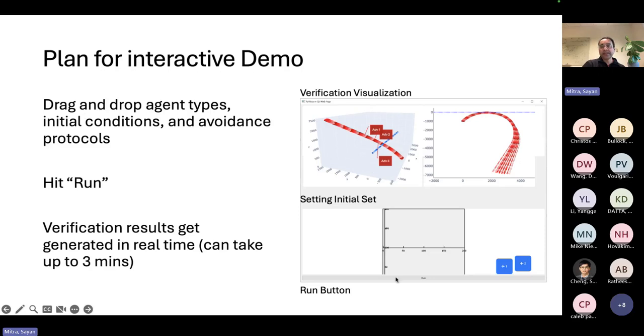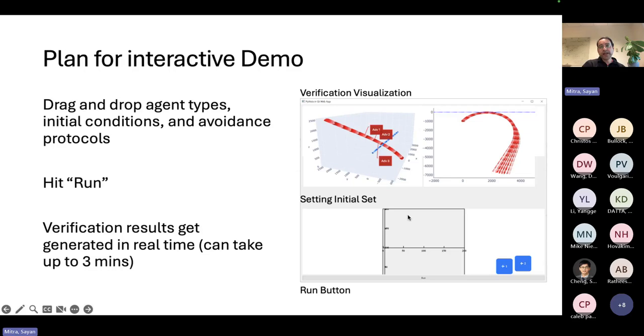So on the right-hand side here, this is a very early mock-up of what the UI for this demo might look like. We are going to improve this, and this is where also some feedback would be great.